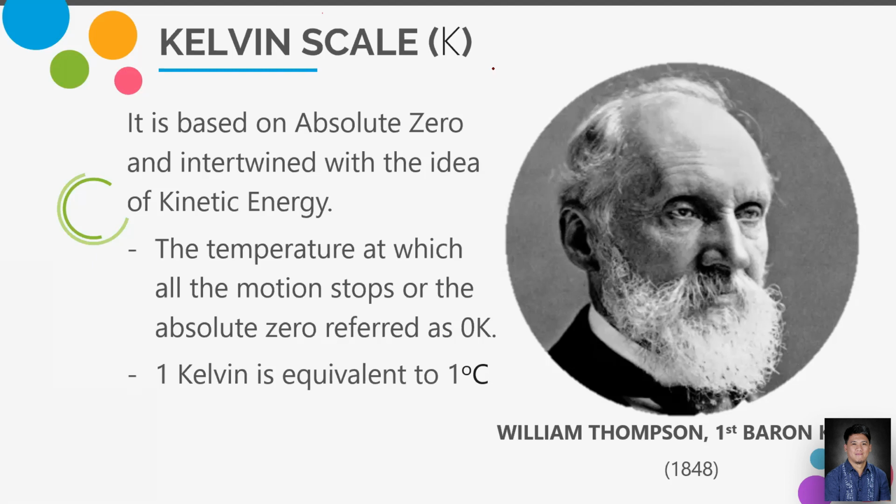So since zero yung kanyang minimum value, then there is no negative value in the Kelvin scale. So since zero yung kanyang pinakamababa, wala na siyang mas mababa pa, which is the negative value of Kelvin. Okay? So that is the difference between Kelvin and Celsius or Fahrenheit.